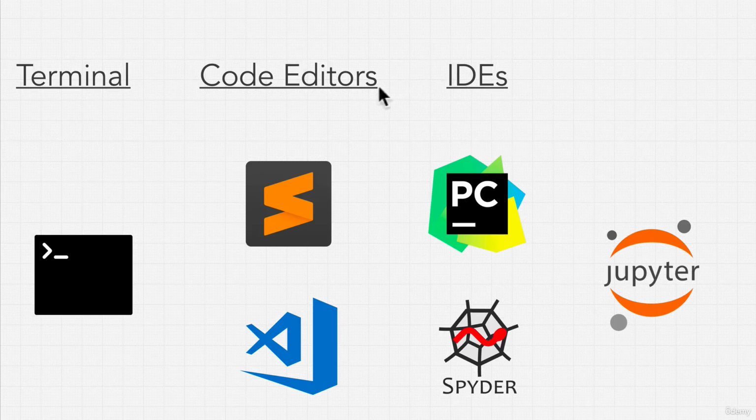But what is a code editor and an IDE, and what's the difference? We're actually going to show you how each of these work, but a simple rule is that code editors are lightweight. They give you some really nice features like auto-completion, linting, which we're going to talk about, while IDEs are full-fledged environments.